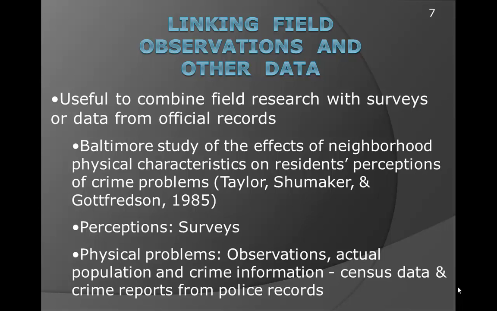Many times we find that it's useful to combine field research with surveys or with data from official records. In the Baltimore study of the effects of neighborhood physical characteristics on residents' perceptions of crime problems, they used a perception survey, but then to identify physical problems, they made observations, and actual population and crime information like census data and crime reports from police records.